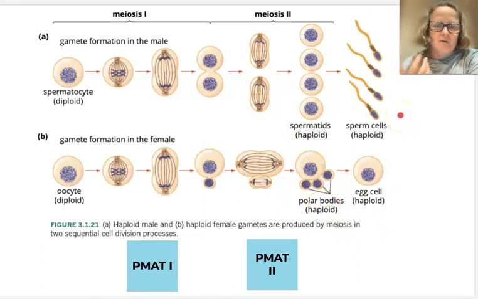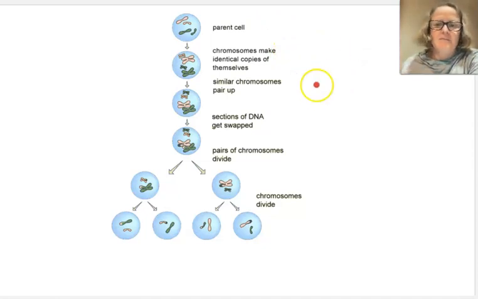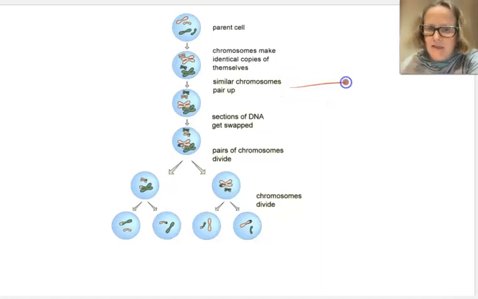So we have meiosis, 2 nuclear divisions making haploid cells that have only 1 copy of each chromosome, and they're used for sexual reproduction. So let's have a look at how to summarize that simply. So we have a parent cell. Chromosomes make identical copies of themselves. That happened just before meiosis happened, and then the chromosomes pair up together.